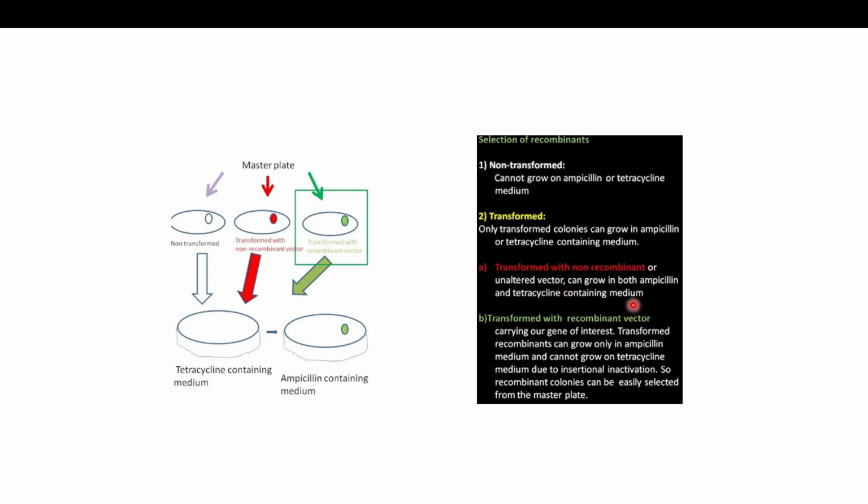But if the gene of our interest has been inserted at the tetracycline resistance gene part, the transformed recombinants can grow only in ampicillin medium and cannot grow in tetracycline medium due to insertional inactivation, because the tetracycline resistance gene has been disrupted by the insertion of another gene, which is basically the gene of our interest. So recombinant colonies can be easily selected from this master plate.